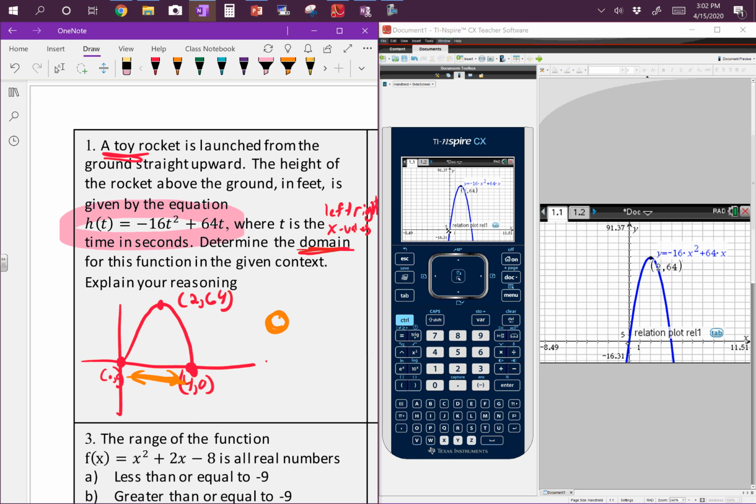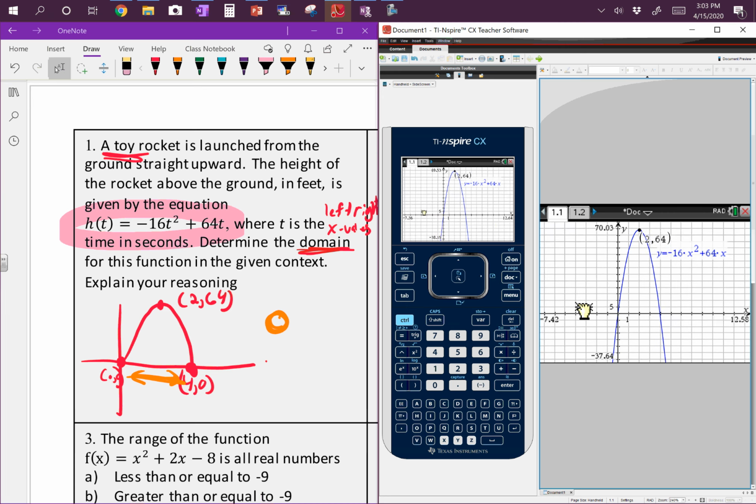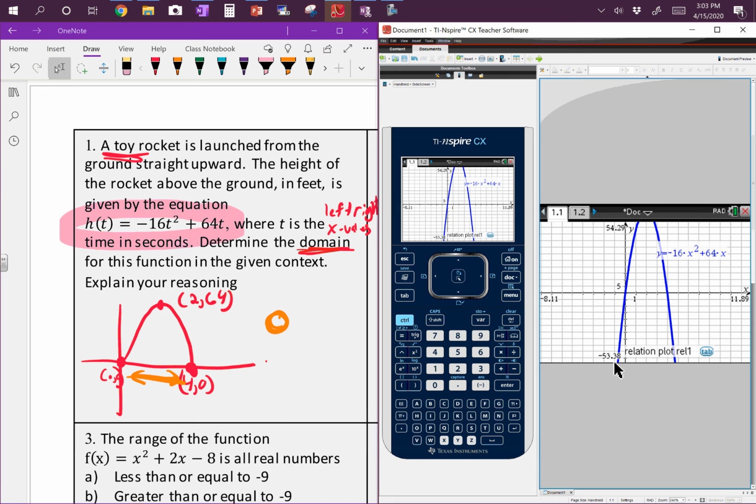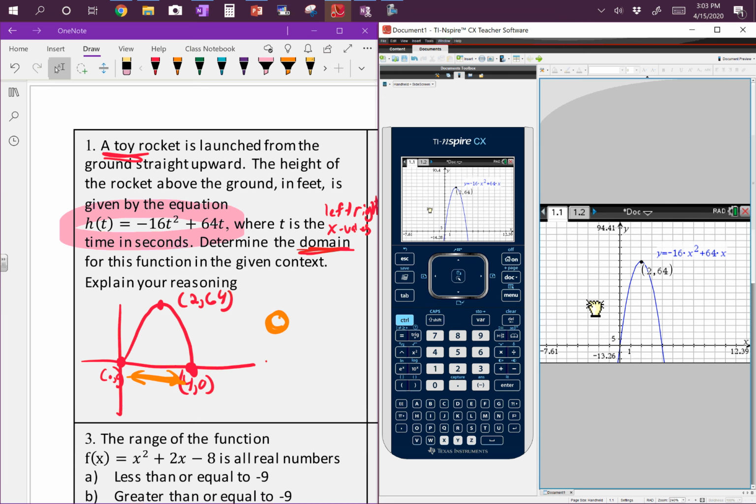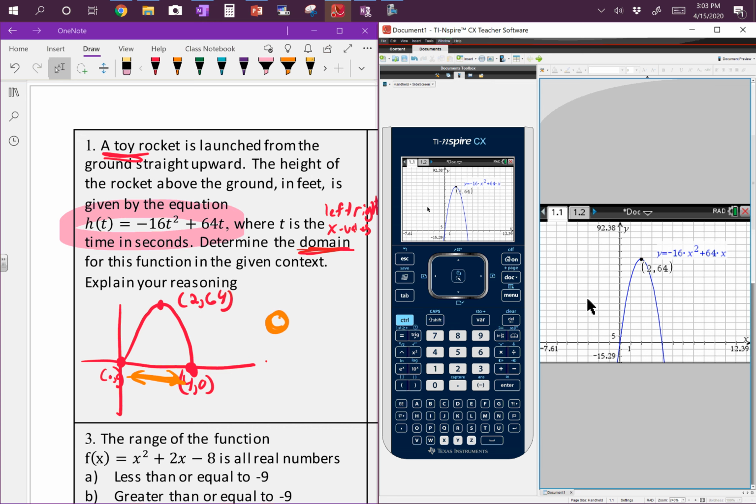We don't include that because this is a toy rocket, and t is talking about the time, and height is talking about above the ground. We are not going to have -1 seconds. He is this far below the ground. Not for a toy rocket. So we're starting this sucker at 0. And he is going all the way until he hits the ground again, which is over here at 4.